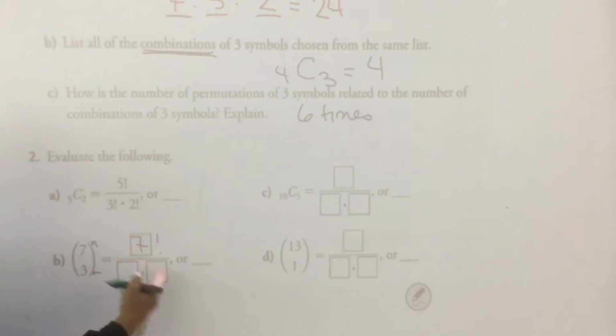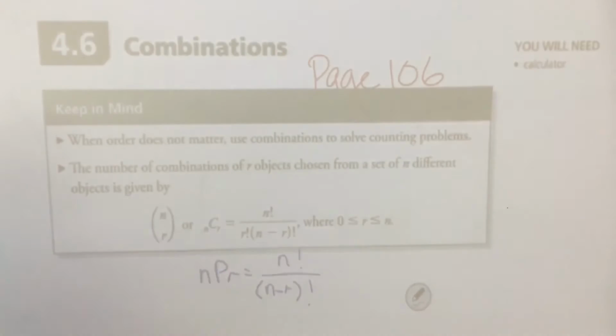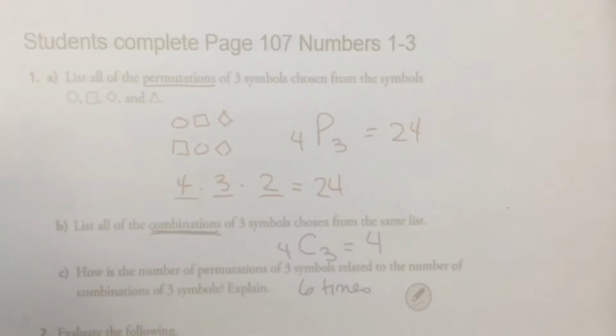And then this is actually making you do the formula. So this would be 3 factorial, and then 7 minus 3 factorial, which is 4 factorial. So that's what they want you to do for C and D as well. Use the formula, much like the one back here, and plug in the correct numbers.